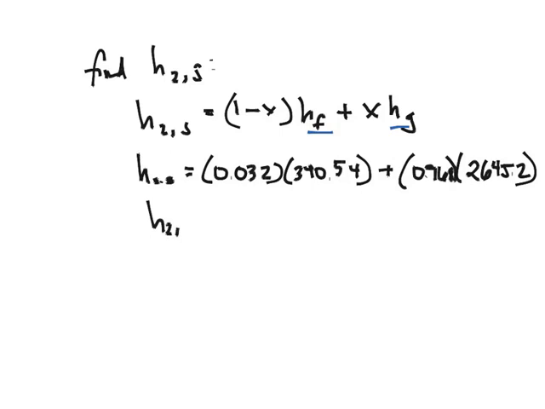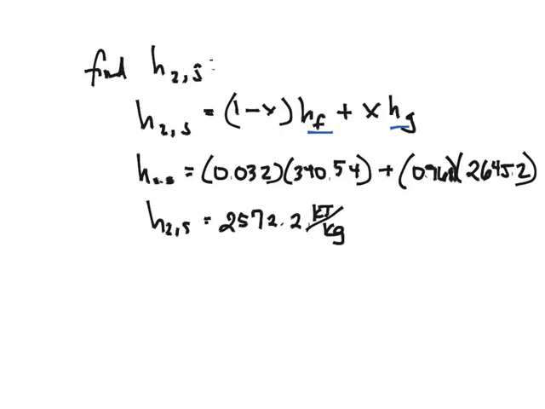And so that H2S value is 2572.2 kilojoules per kilogram.